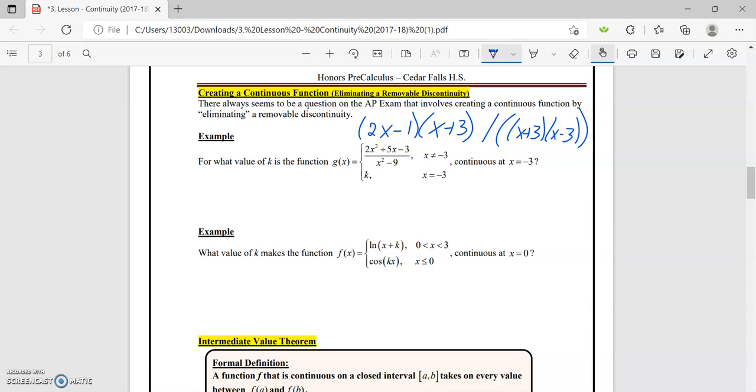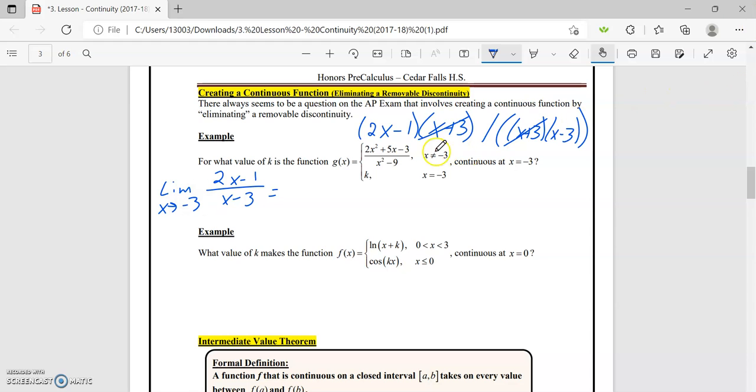So what you find is that the x plus 3 on top and bottom is where our hole is. So our hole is at x equals negative 3. In order to make that happen, let's find out what the limit is as x approaches negative 3. So 2x minus 1 over x minus 3, we want to know the limit of this as x approaches negative 3.